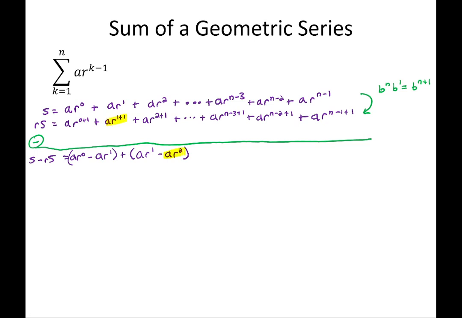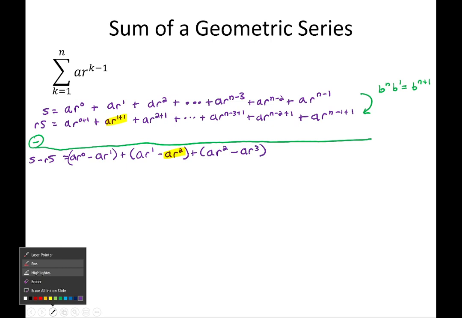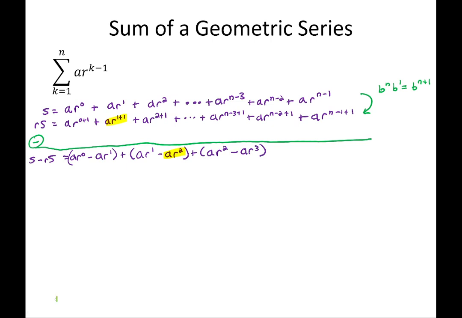Like this is that one. That ar to the 1 plus 1 is the ar to the 2 that's being subtracted there, because we have another ar to the 2 that's not that one. Ar to the power of 2 minus ar to the power of 3. I'll highlight that as well. So that ar to the 3 is this one.